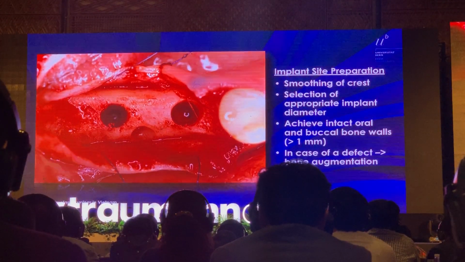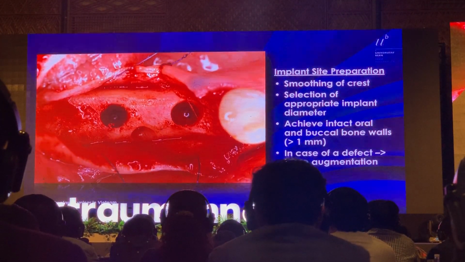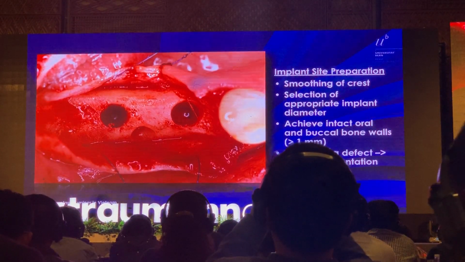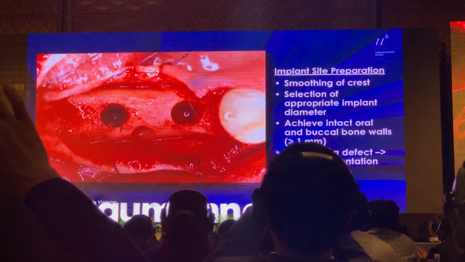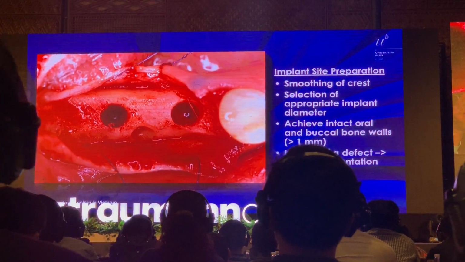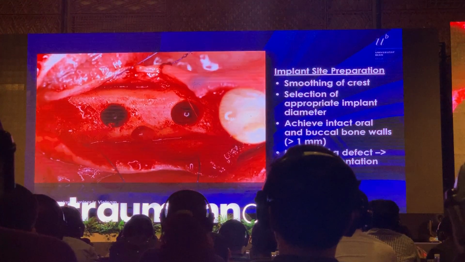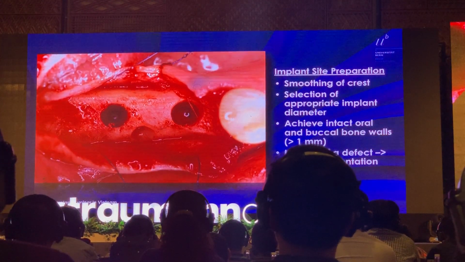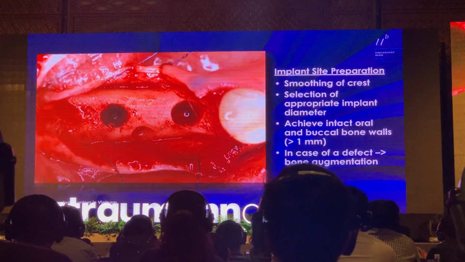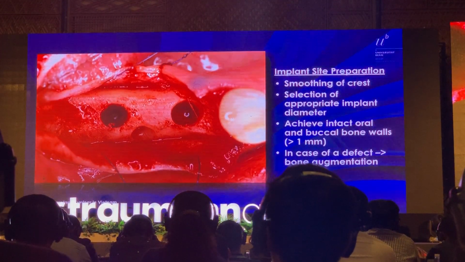The smoothing of the crest. This case is more than 20 years old. This was done when we had these SLA type implants the first time for a clinical study. It was 1997, 22 years ago. And you see, all these are premolars and molars. So we cut down the bone, as you can see, it's flat.